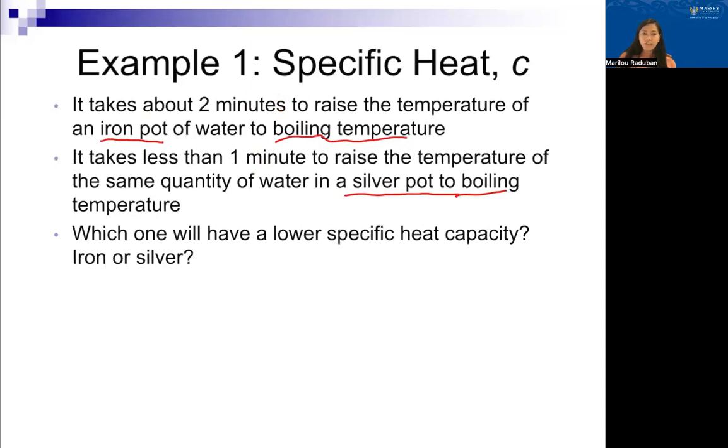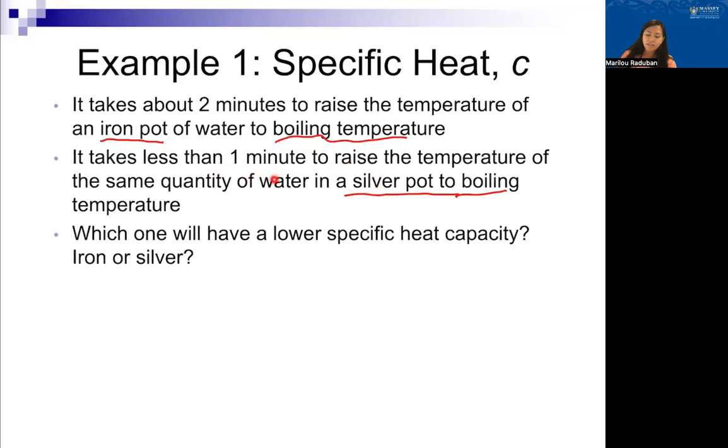Yep, good. The material with a lower specific heat capacity will heat up faster, because lower specific heat capacity means it is easier to change its temperature. So the one with the lower specific heat capacity will take a shorter time to boil the water.